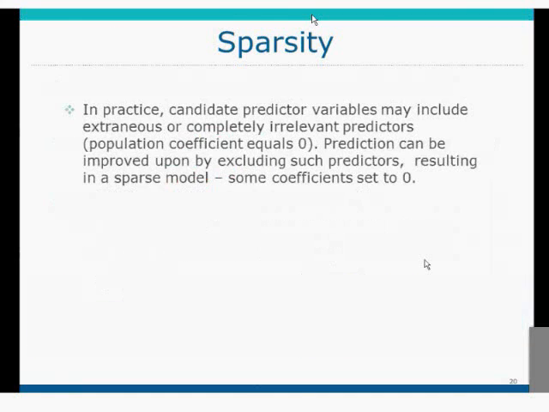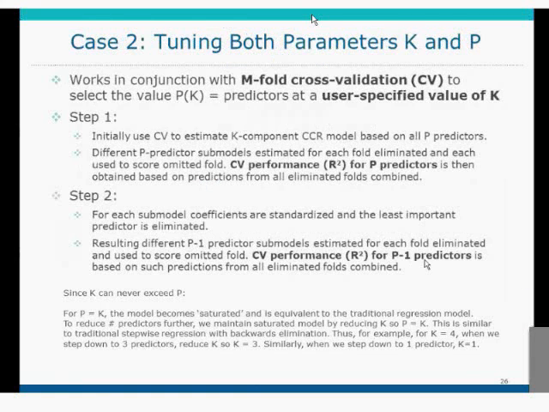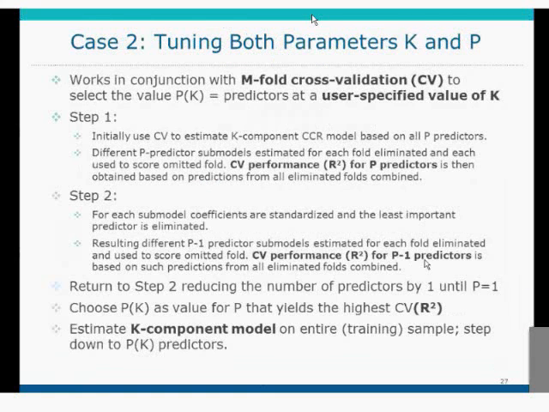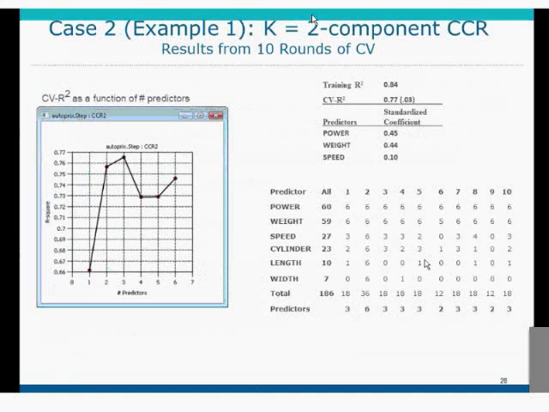Okay, so what we're going to do now is take a 5-minute break, but before we take the break, let me just finish this one slide here, which summarizes how we determine that there are three predictors.